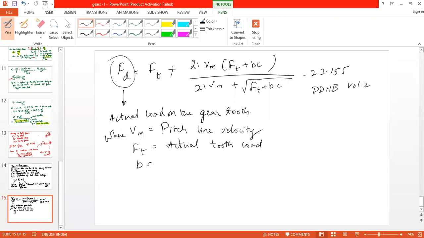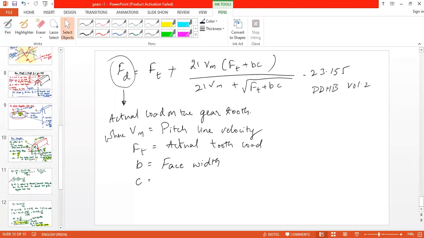And what is B and what is C? Now we have another two terms here. So here B is the face width.